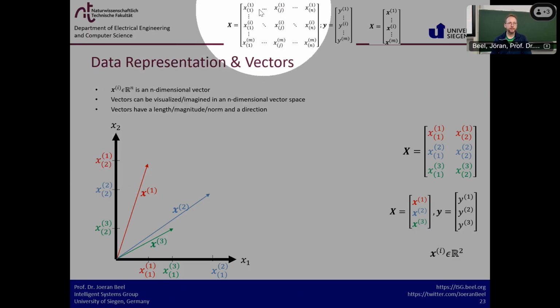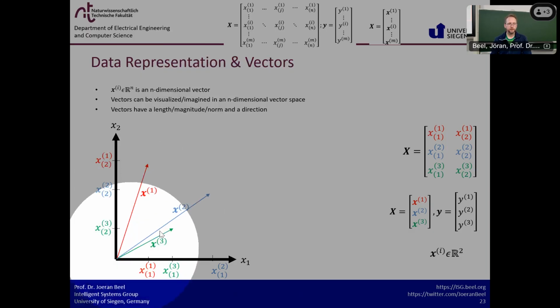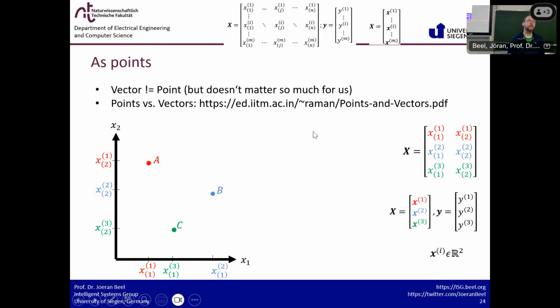And then instance 1 would be plotted here in the feature space. Instance 2 here, and instance 3 here. We could equally well see that as points. That's the same. Mathematically, a point is not a vector, but in machine learning, we are not so strict.